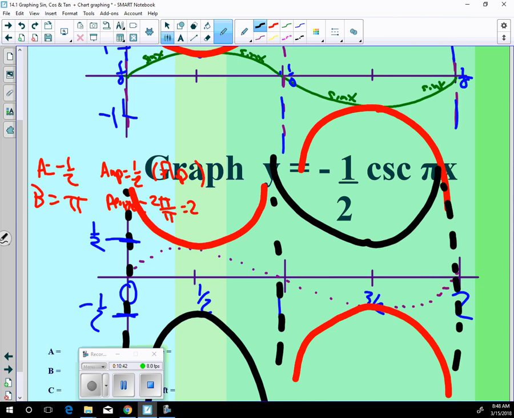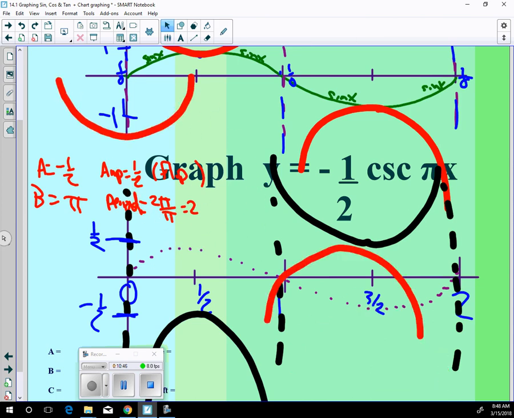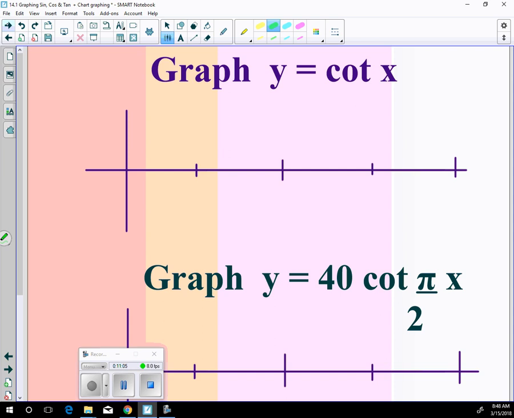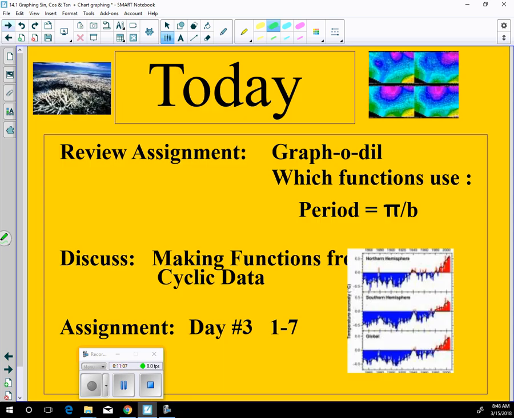These will flip, and so these go bye-bye. And that'll be your final graph. You good? That's sine, cosine, tangent, secant, cosecant. I haven't done cotangent, but I'm going to leave that for now.